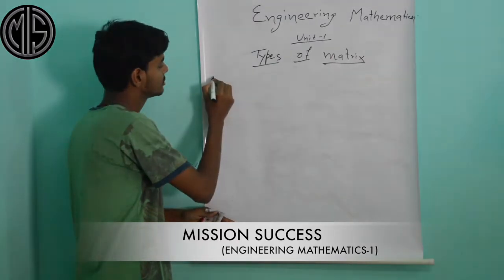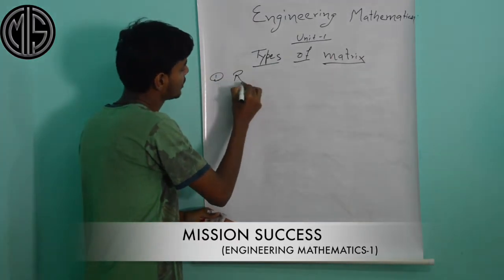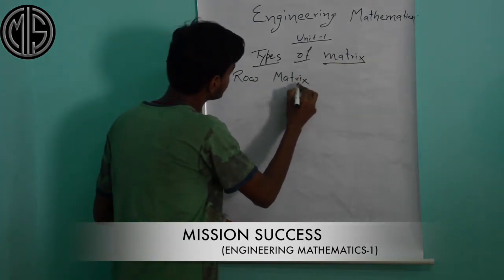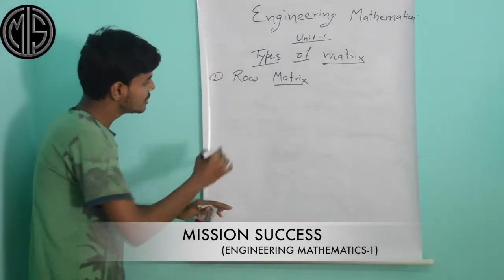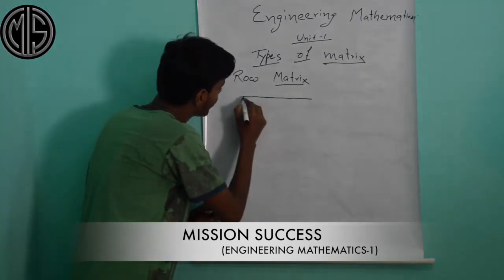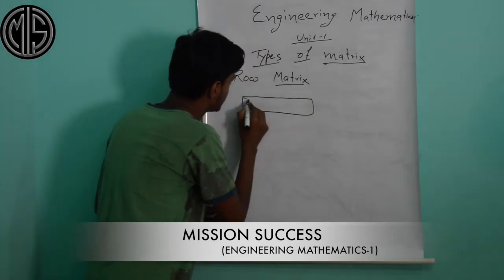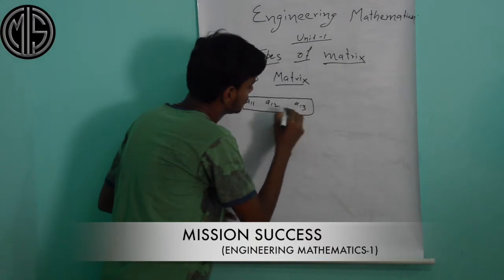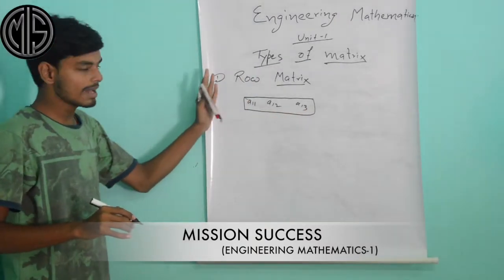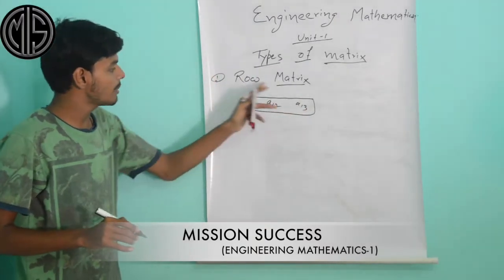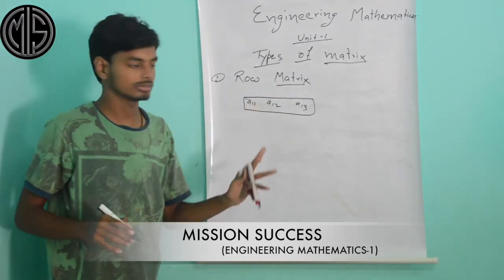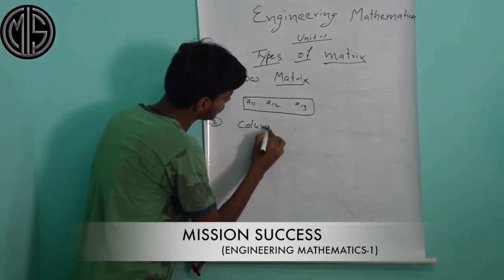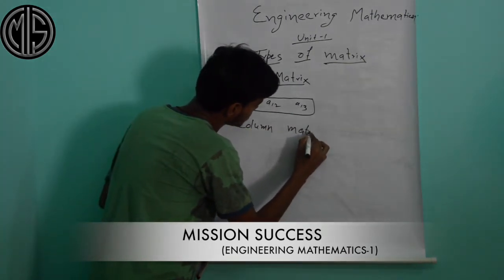Types of matrix. First type, row matrix. Means a matrix which has only one row, like this: A11, A12, A13. This type of matrix is called a row matrix. Next one, column matrix.